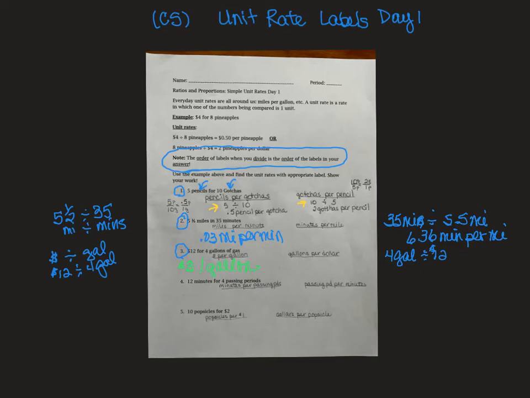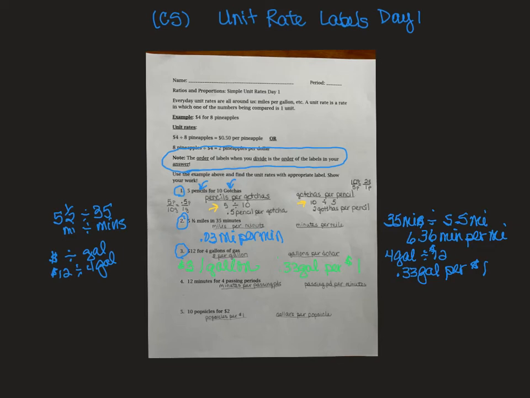And I'm going to get 0.33 gallons, or a third of a gallon, per dollar. Sorry, I'm writing 33 gallons per $1.